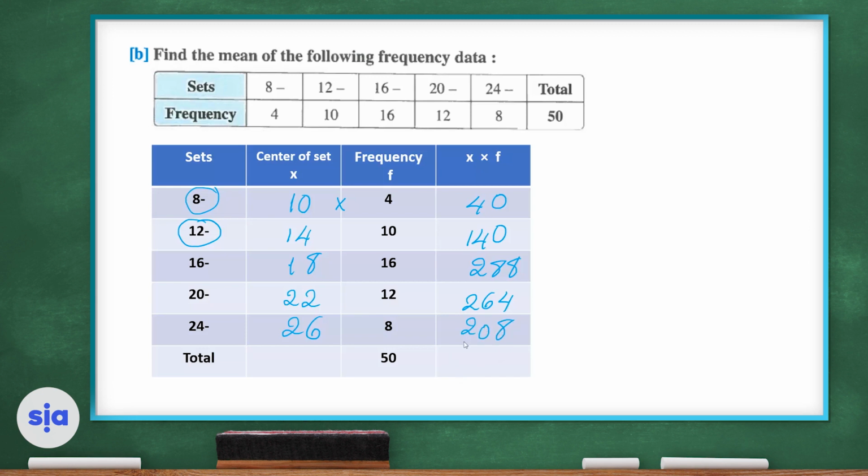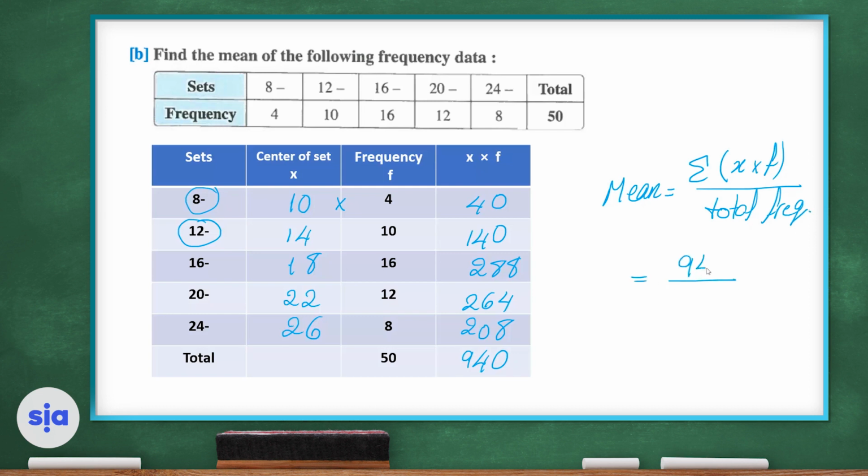The total x times f is 940. So to find the mean, it's equal to the sum of x times f over the total frequency. So the mean is 940 divided by 50. So the mean is 18.8.